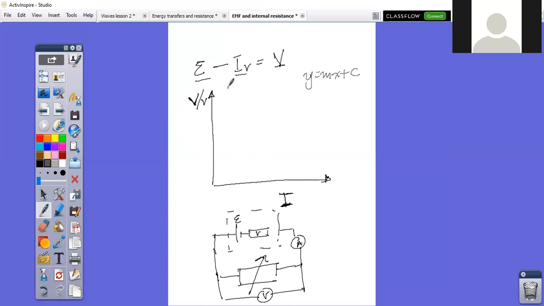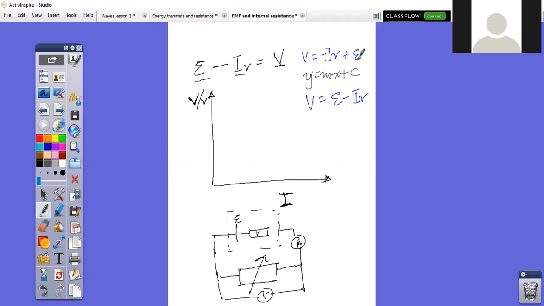Well, I'd switch it the other way around, so it's V equals EMF minus IR. Go on, set it up yourself. I'll probably switch it so it's V equals minus IR plus EMF. Good. V equals minus IR plus E.